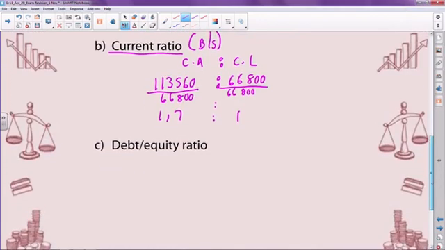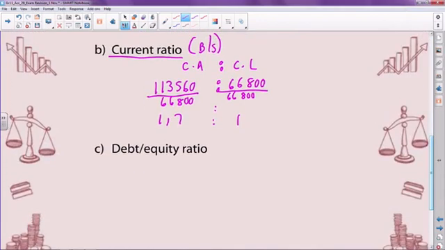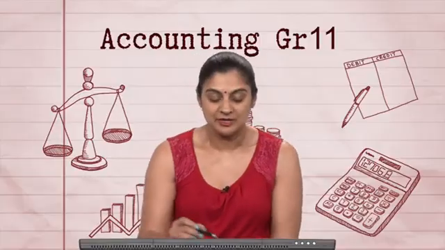The next calculation, debt equity ratio. Your debt equity ratio is also very straightforward. Non-current liabilities are being compared to equity. Now remember guys, what makes up equity?